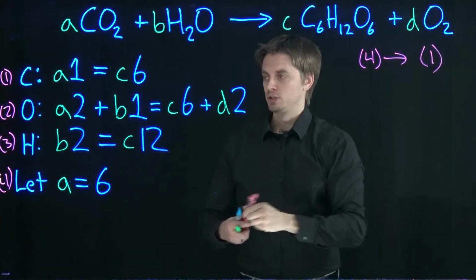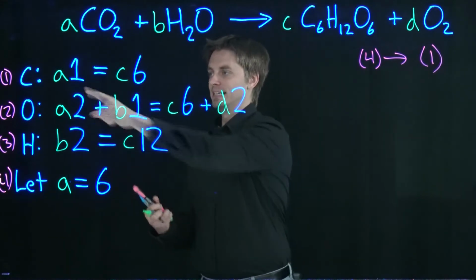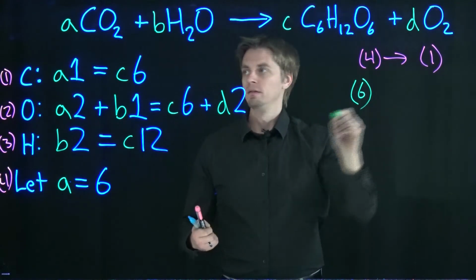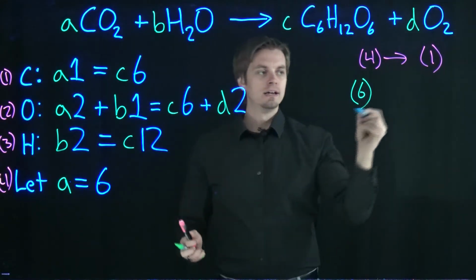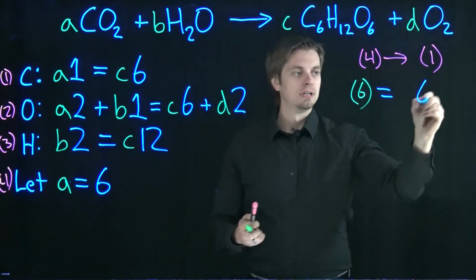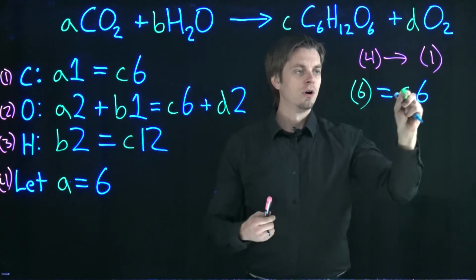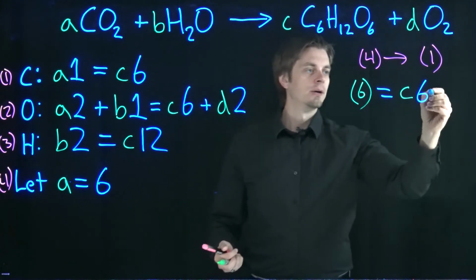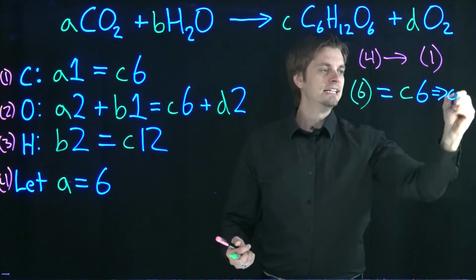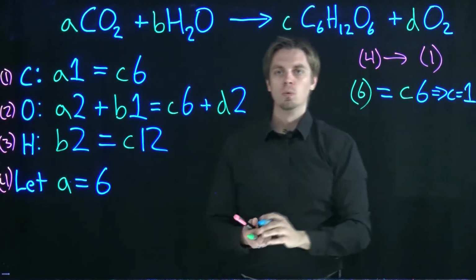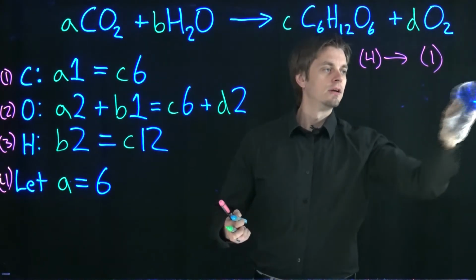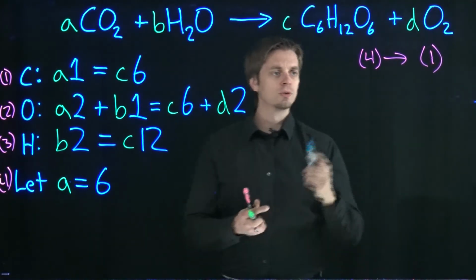What does that give us? Well, A is 6. So if I plug in a value of 6 for A, we get 6 is equal to C times 6. Well, this 6 equals C times 6 implies that C is going to be equal to 1. I'm going to scoot that over a little bit so that we can see that better on the screen.